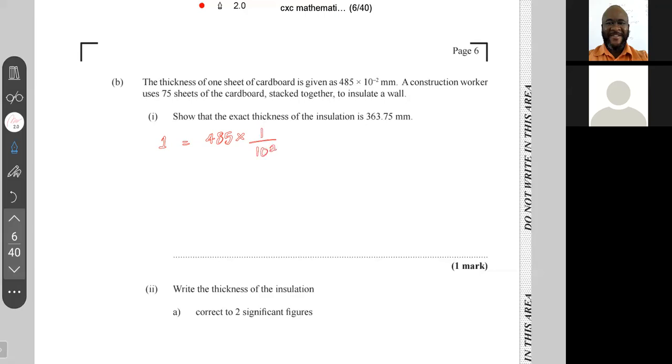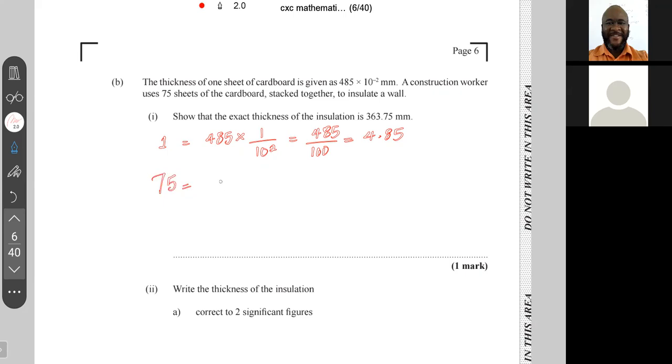Or you could say multiplying by 10 to the minus 2 is the same as saying divide by 10 squared. So the thickness of 1 is therefore 485 divided by 100, which is 4.85. And I'm guessing this is millimeters. So this is the thickness of 1, 4.85 millimeters.